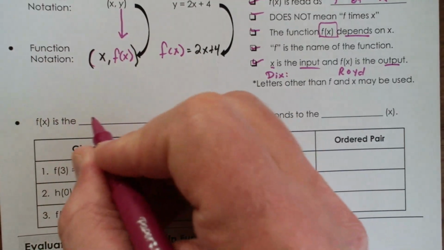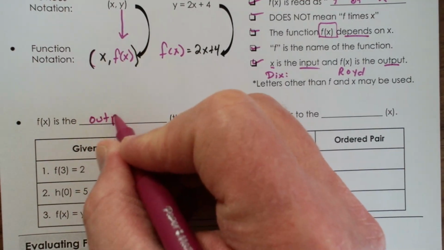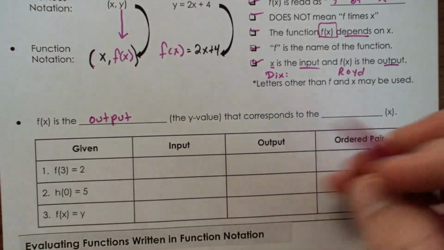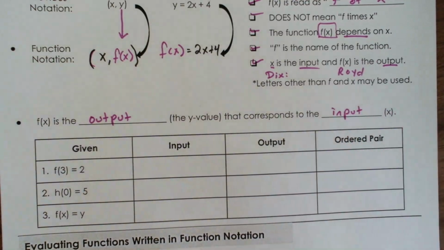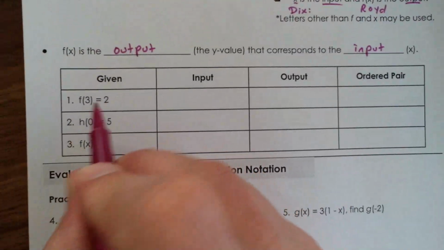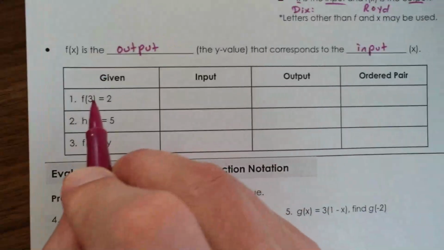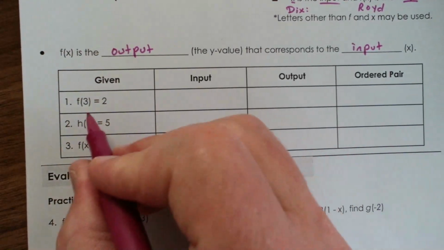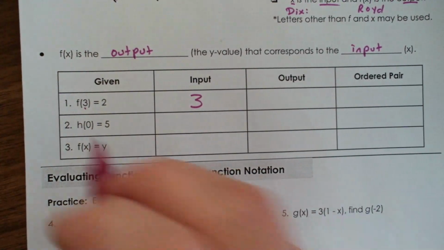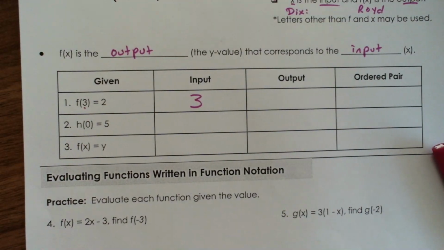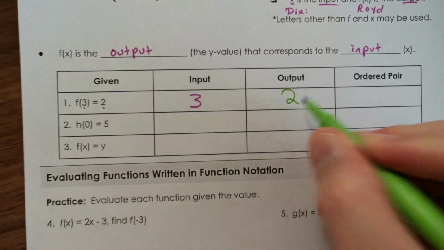F is, again, the output, the y value that corresponds with the input, the x value. So if we're given f of 3 equals 2, my input value is 3. My output value, I'm going to write in green, is 2.